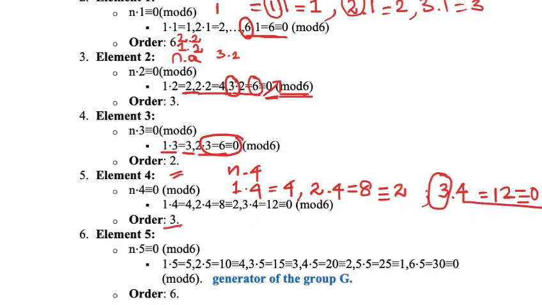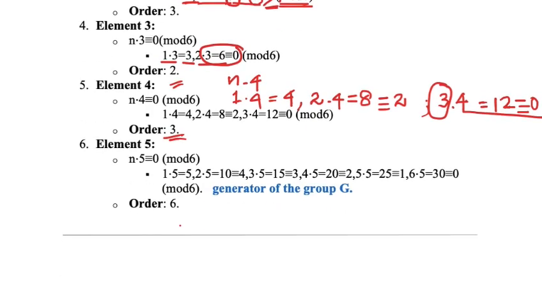Similarly, for the fifth element, we follow the same procedure and you will get the order equal to 6. I am reminding you, this is the generator. Why is this a generator? When applying the order to the fifth element, you will get all the elements in the main group, that is 0, 1, 2, 3, 4 and 5.